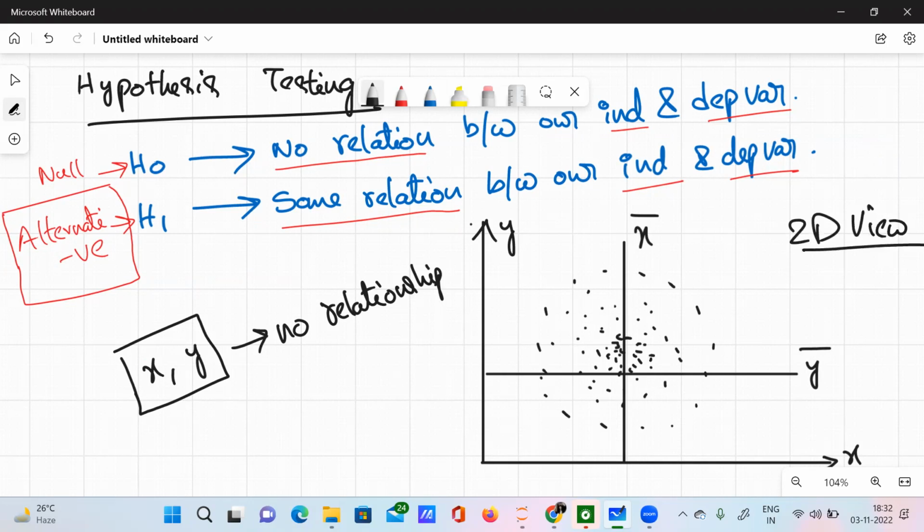Okay, this would be the two-dimensional view here.